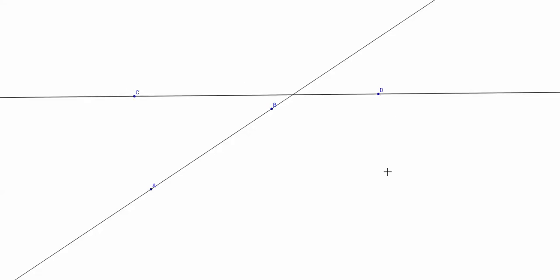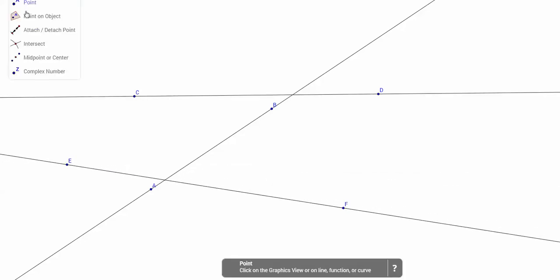So I'm going to have that be my transversal. And then here's one of the lines going through it. And here's another. So then I'm going to get the point of intersection between these two lines. So I highlight this, and I get point G. Highlight this, and point H.